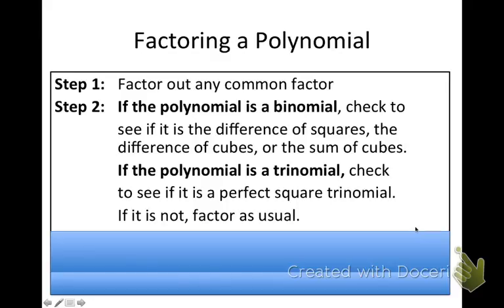Okay? If it's not a binomial, and it happens to be a trinomial, so if the polynomial is a trinomial, you can check to see if it's a perfect square trinomial.